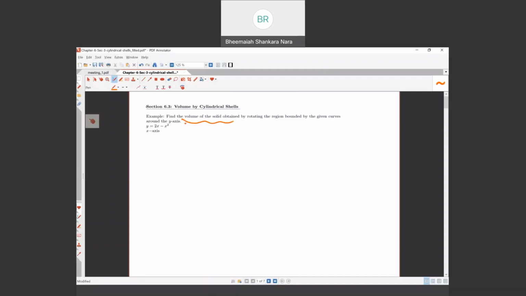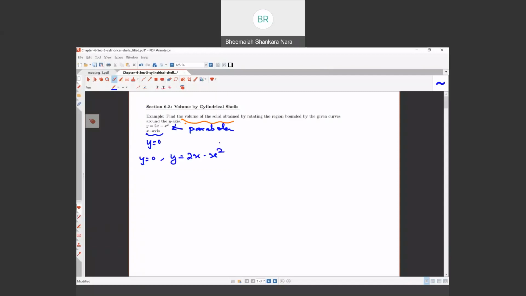So first, the first curve given here is the parabola and the x-axis. X-axis means it's the line y equal to 0. Y is 0 always on the x-axis. So let's solve y equal to 0 and y equal to 2x minus x square.